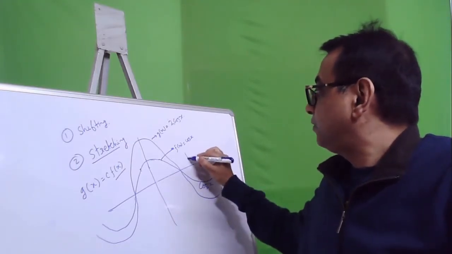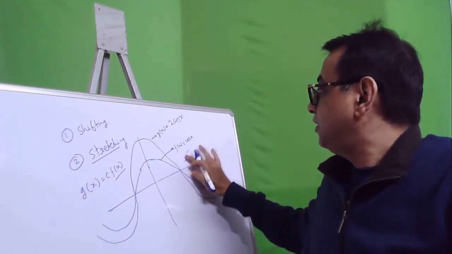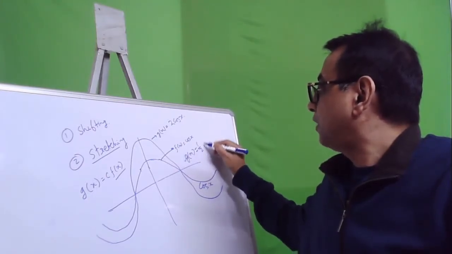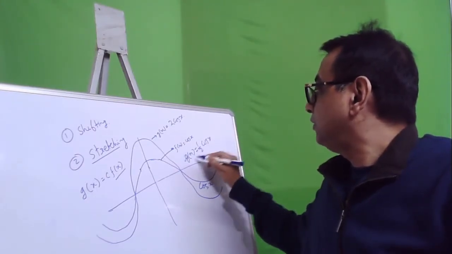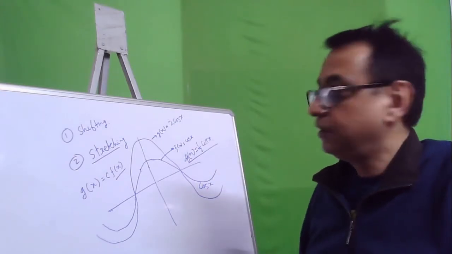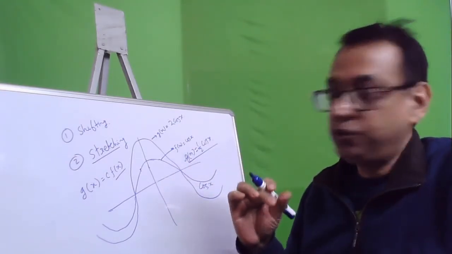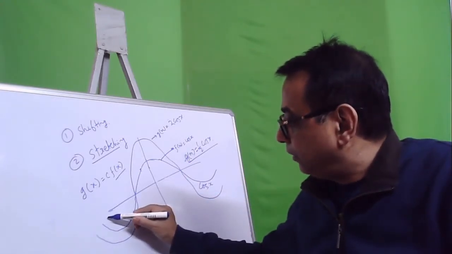In a similar way we can do a compression. Let's say g(x) is equal to half of cos x. How will it look? This function g(x) equals half cos x will be compressed, every value will be half of the original value. So it will be like this.